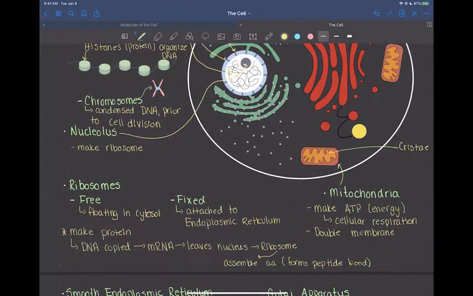Then within the middle of that, all this orange area in the middle is called the matrix of the mitochondria. In that matrix, we're going to have a bunch of stuff like enzymes for cellular respiration. It actually contains DNA.